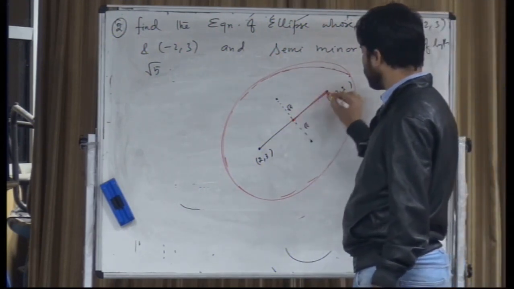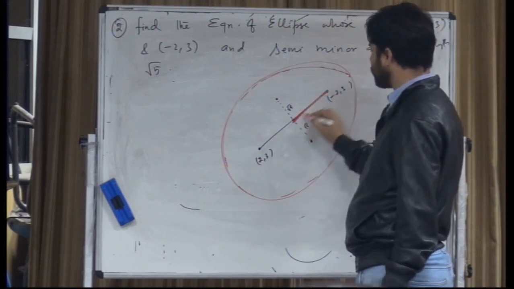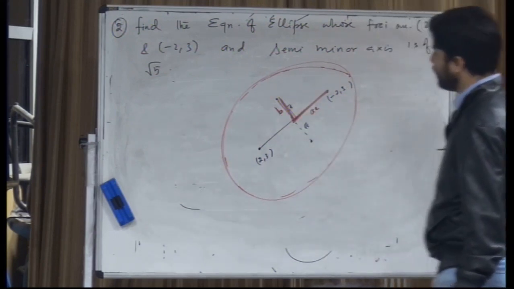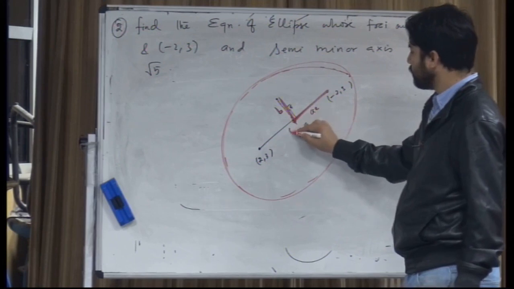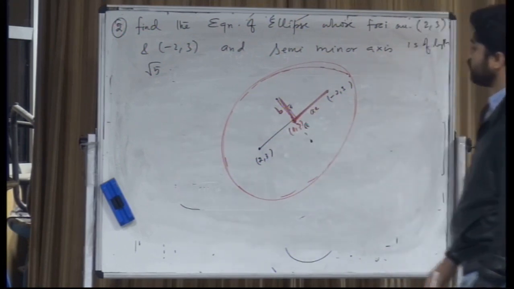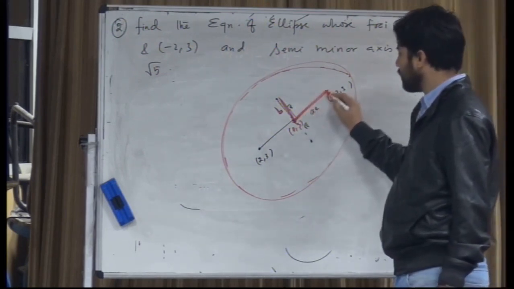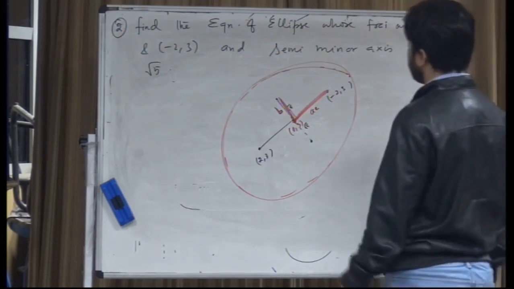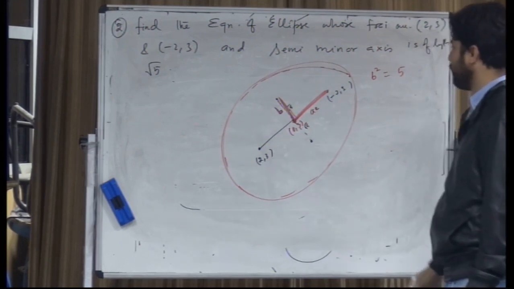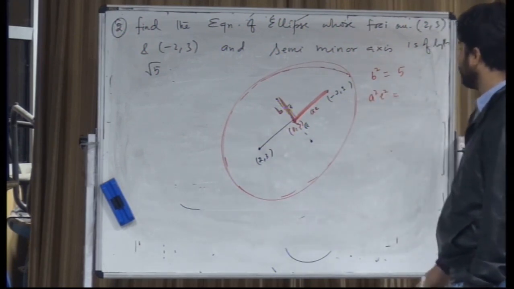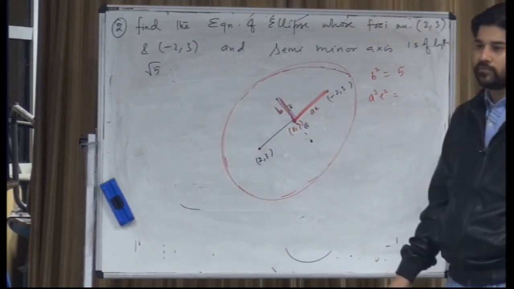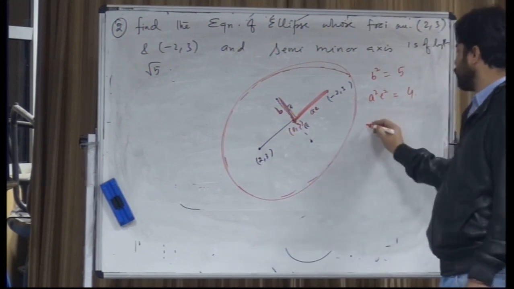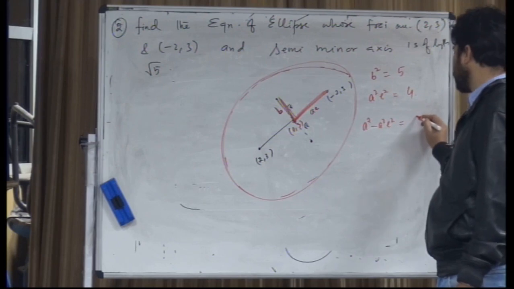Now, this length, अगर आप स्टैंडर्ड एलिप्स पे होते हैं तो इसे a ही कहते हैं और इसे b कहते हैं, राइट। इसका सेंटर आप तुरंत प्रेडिक्ट कर सकते हो, क्या होगा 0,3, 0,3। ये जो लेंथ है a आपने तुरंत प्रेडिक्ट कर लिया, राइट। रॉन्ग, b square is already given as 5 and a square e square is already given as a square e square क्या दे रखा है 4। So a square minus a square e square is 5.